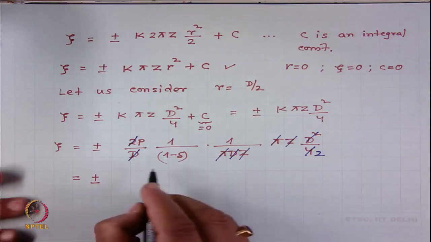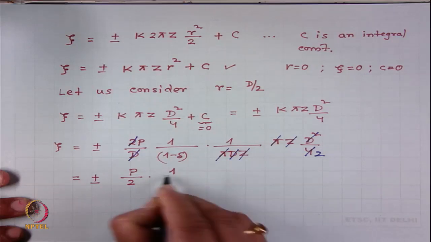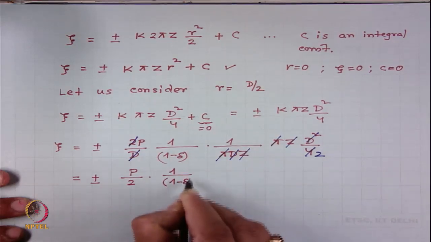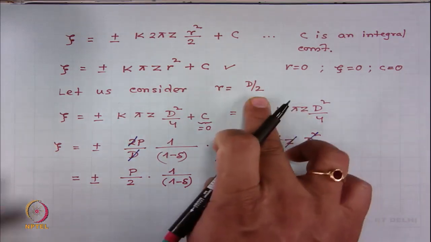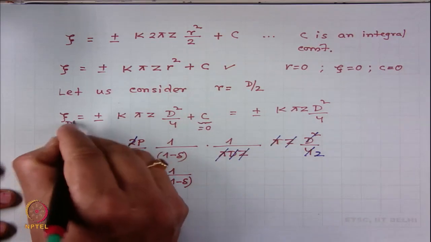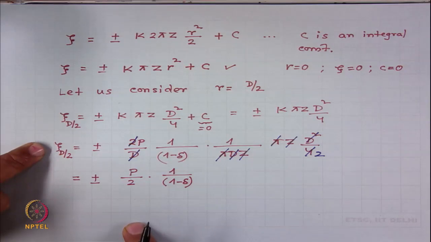So, what we obtain is p by 2 into 1 minus retraction. This is a problem because at d by 2, this value must be equal to p by 2.